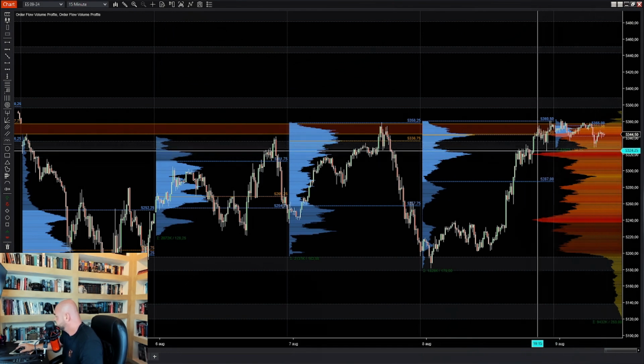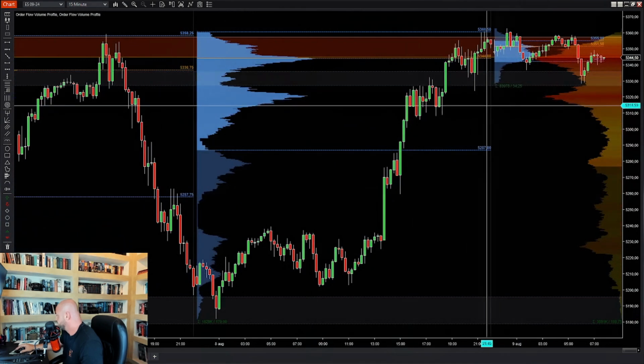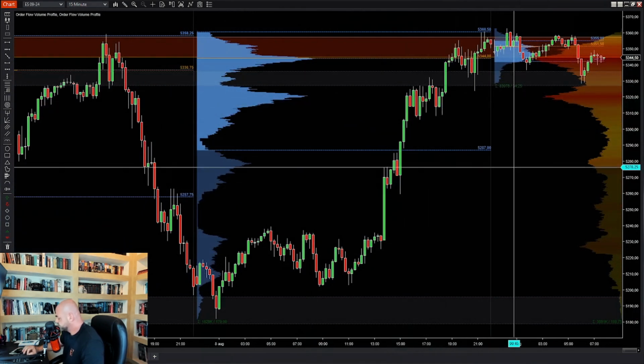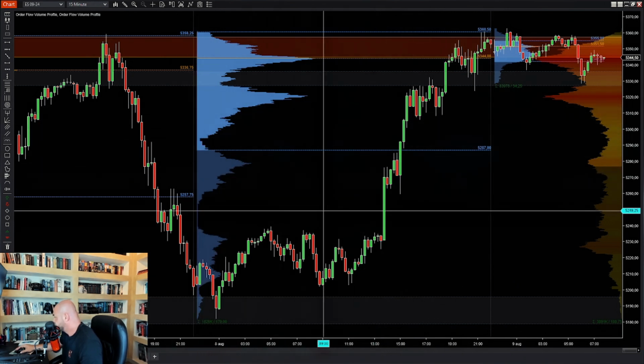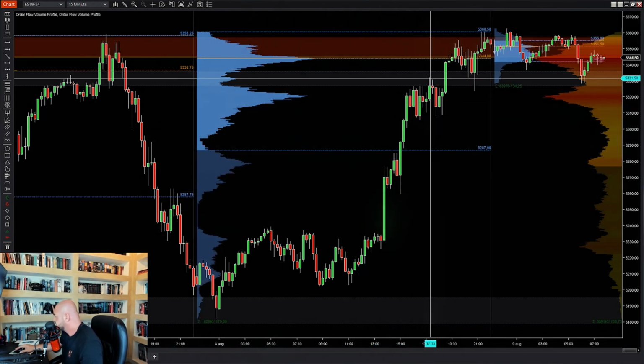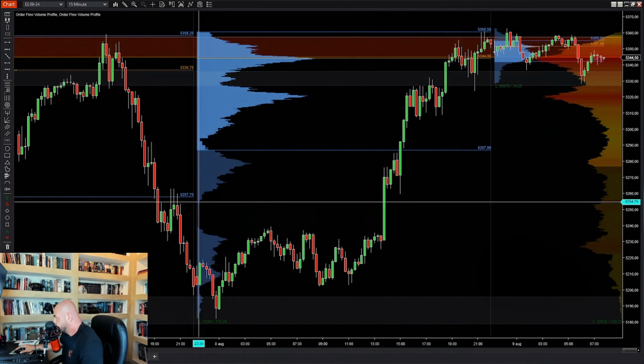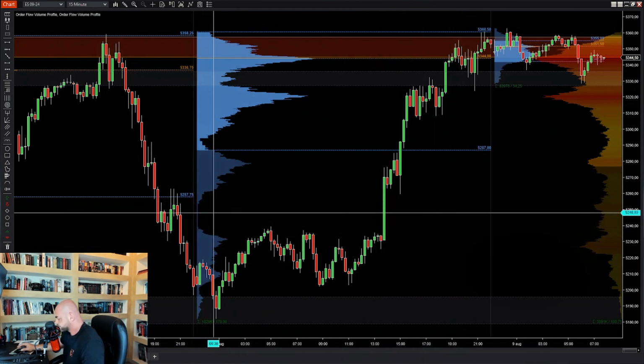And you can clearly see that it corresponds with the place where our buyers came in right here. And we have a retest right here. Let's look for some other zones. Here we can see this big green zone of aggression with these single prints.